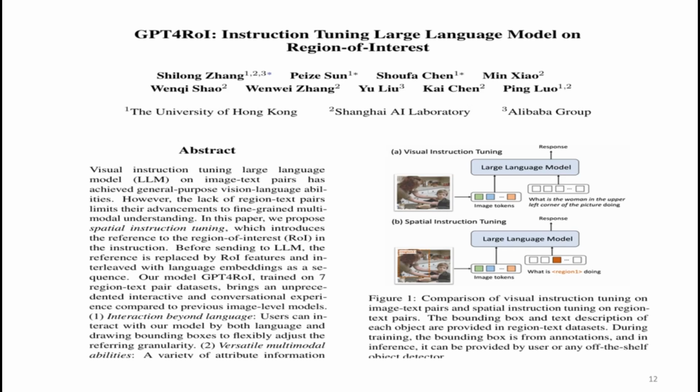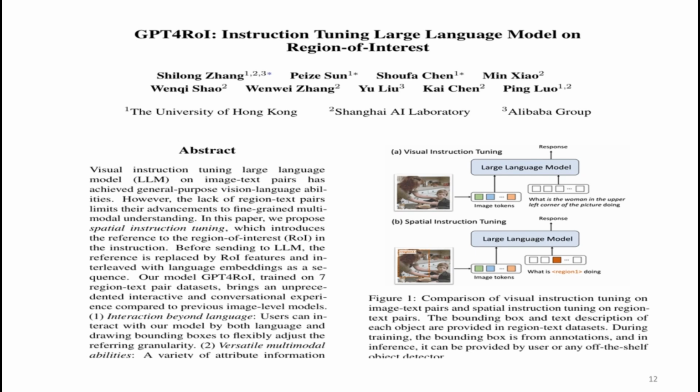Next paper is GPT4RoI, instruction tuning large language models on region of interest. While large language models have demonstrated remarkable multimodal abilities through instruction tuning on image-text pairs, they traditionally align at the image level, lacking region-level alignment.